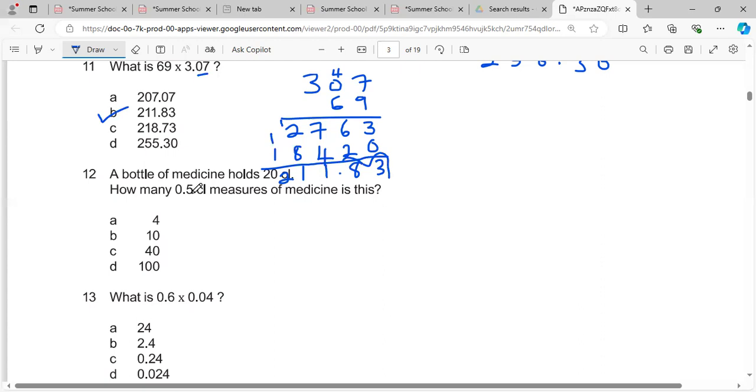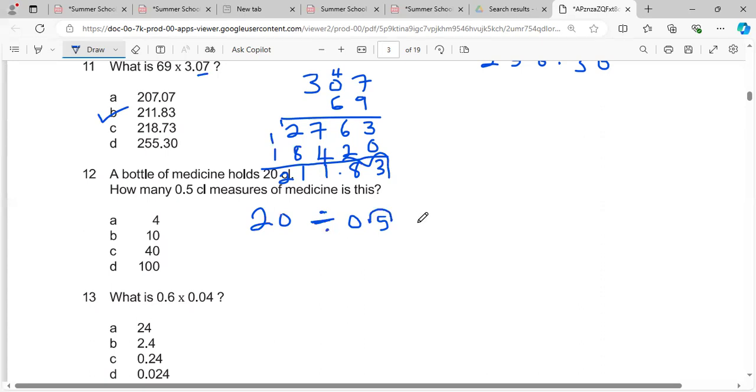This one now can be a little bit tricky. It's like you have 20 divided by 0.5, right? Because it is saying how many 0.5 are in there. So we're going to be dividing by 0.5. But the rule states once we divide by a decimal, we convert it to a whole number. So we move this one time.